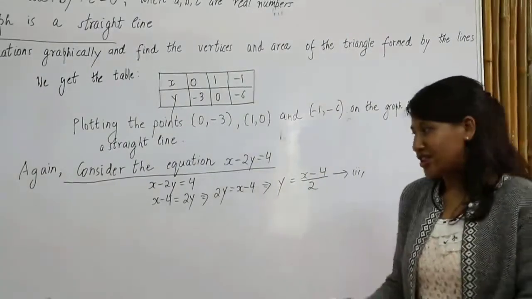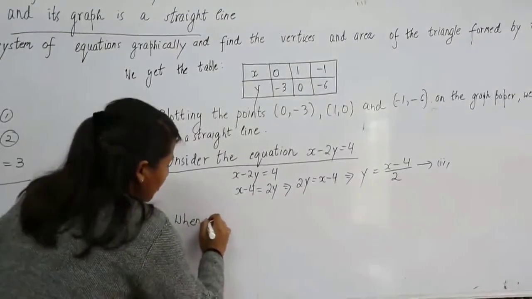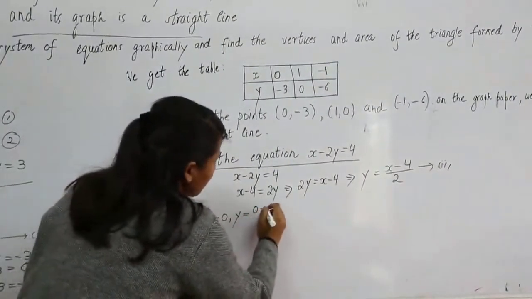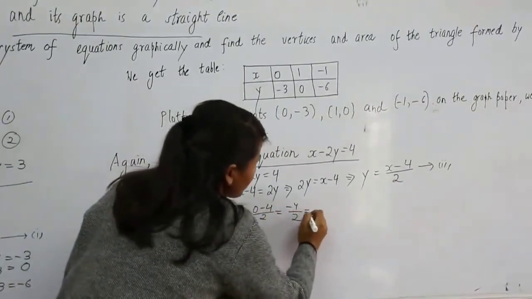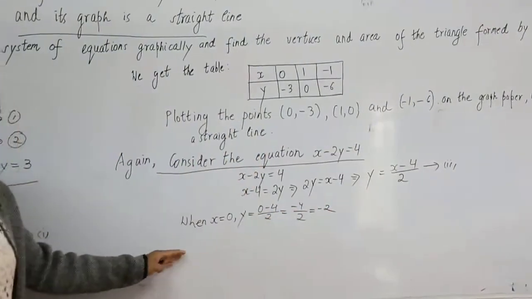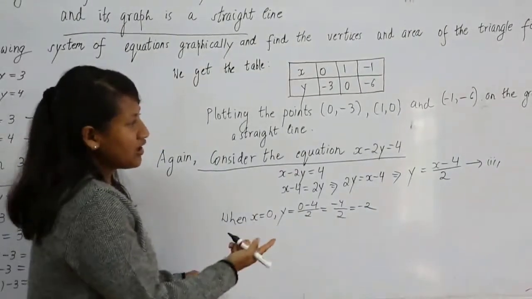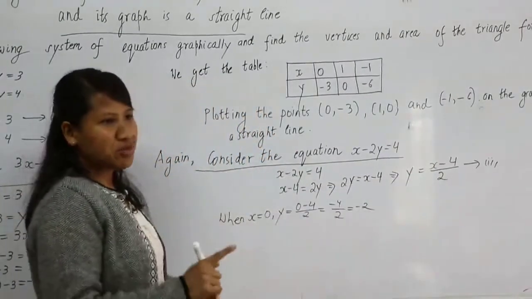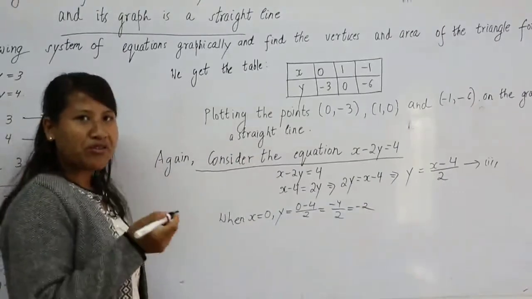So it's an integer. So we'll take 0. When x is 0, y is 0 minus 4 divided by 2, which is minus 2. Then another: if you take 1, 1 minus 4 is minus 3 by 2, so if you divide, you will get minus 1.5.